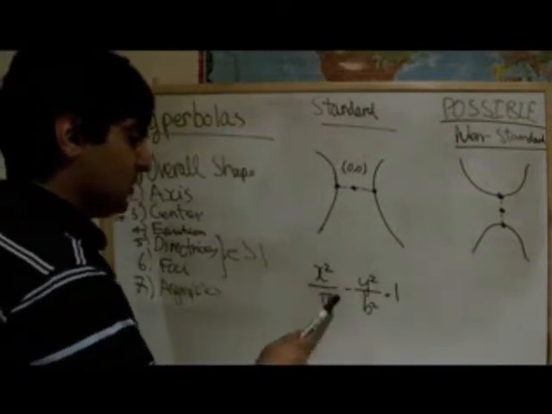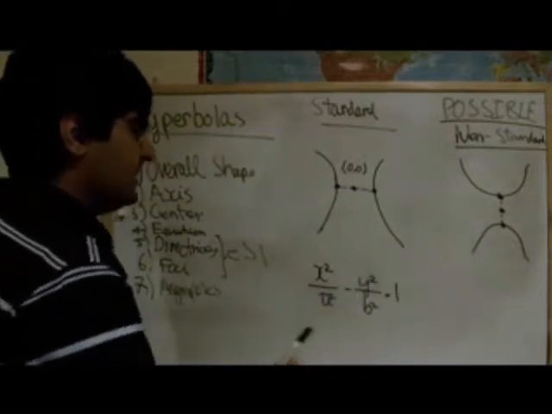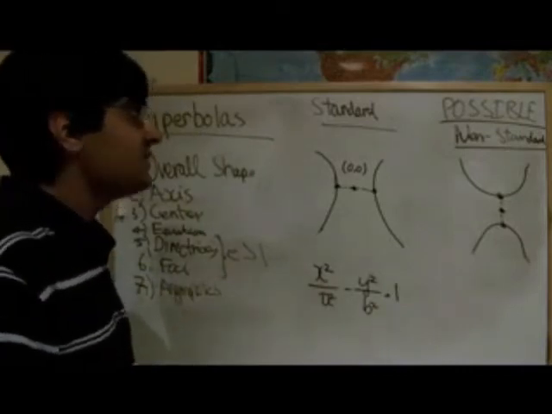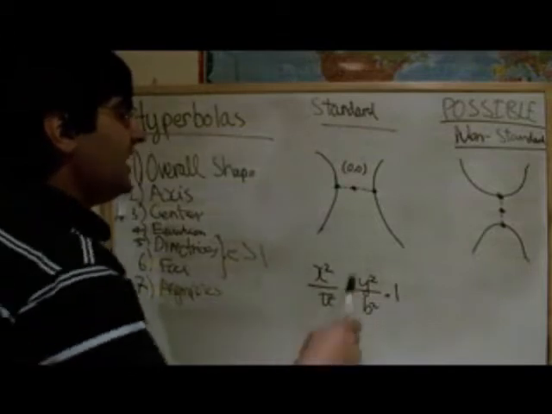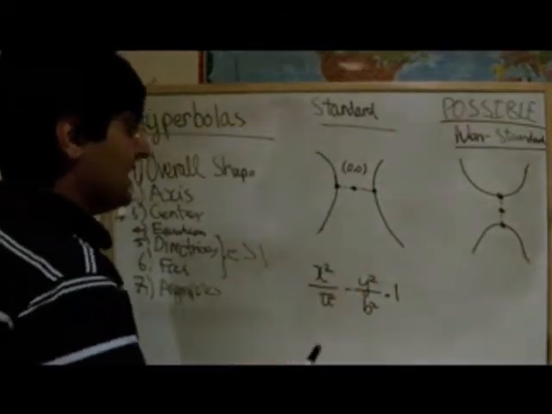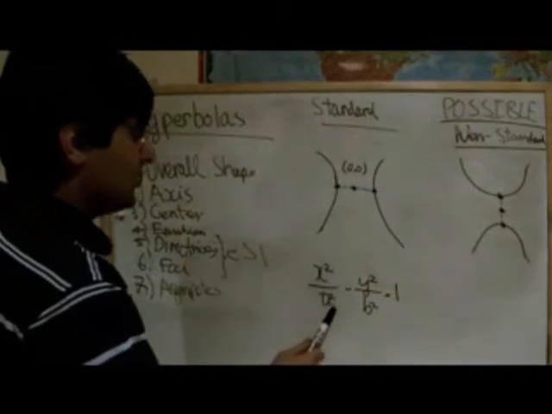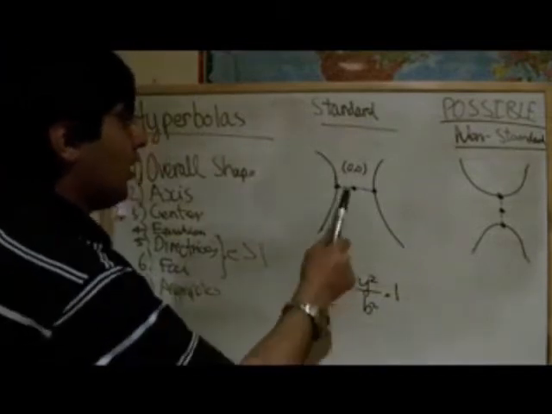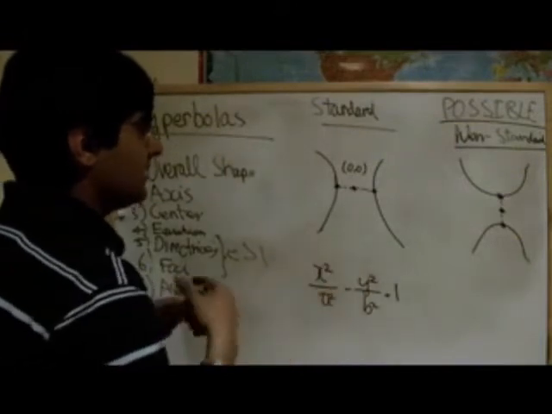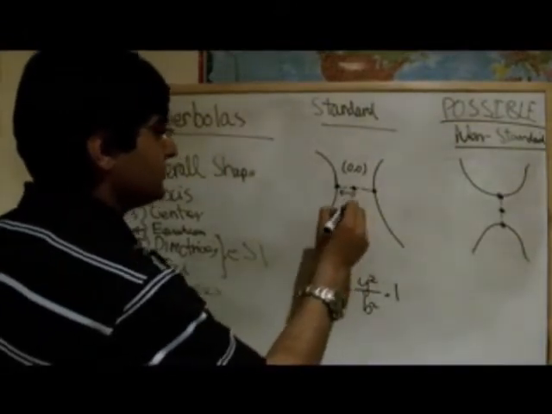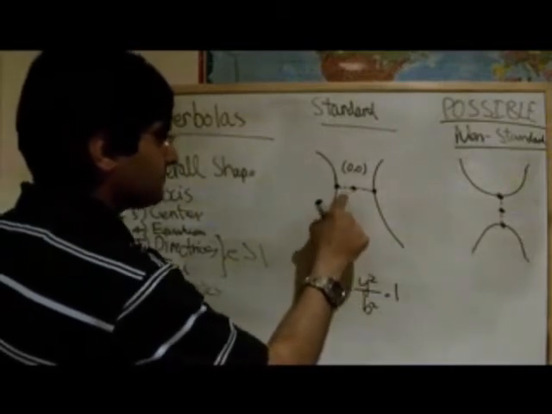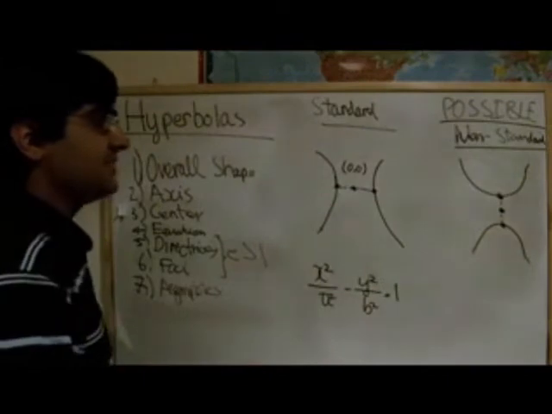What do the x denominator a and the y denominator b refer to? Well, that actually depends on the axis of the hyperbola. If the axis is horizontal, as is the case with the standard hyperbola, then the x denominator a refers to half the length of the axis. Alright? So in this case, a would be this half length here, the distance between the center and the curve along the axis.